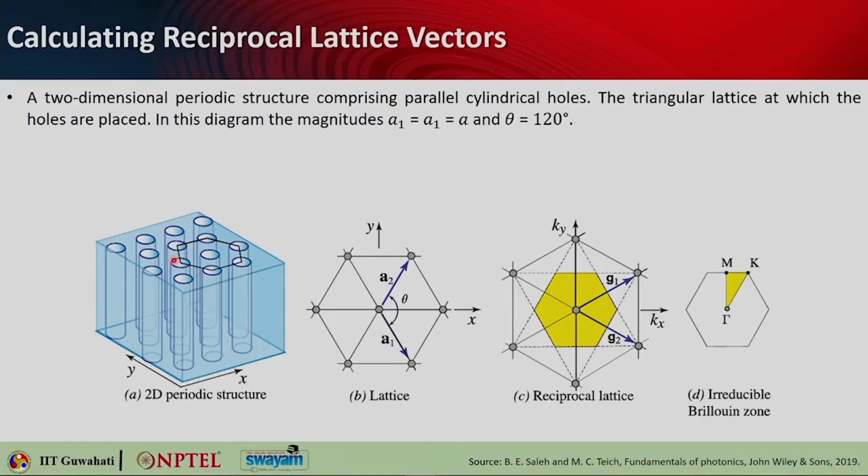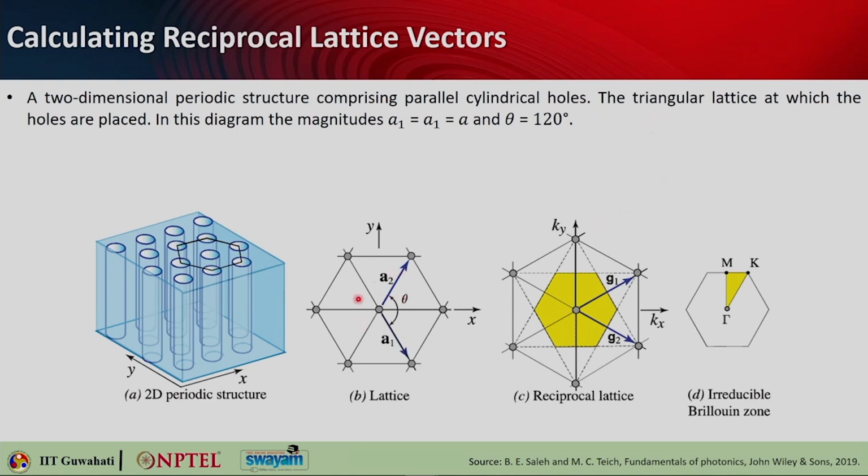If you mark all the center points of these holes, you will see this is the lattice. This is the direct lattice. You can see this is a1, this is a2, both are equal, and this angle is around 120 degrees. So this is a hexagonal lattice, right. You can also call this a triangular lattice, there is another name for it.